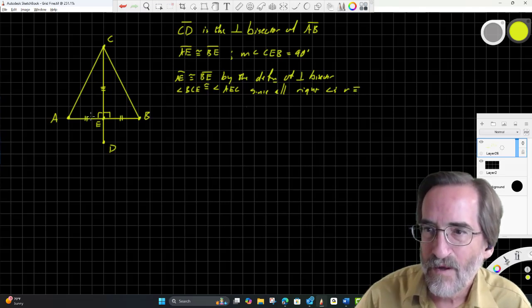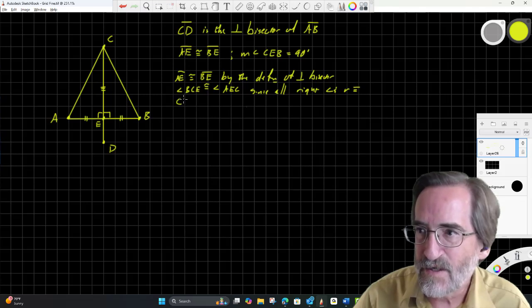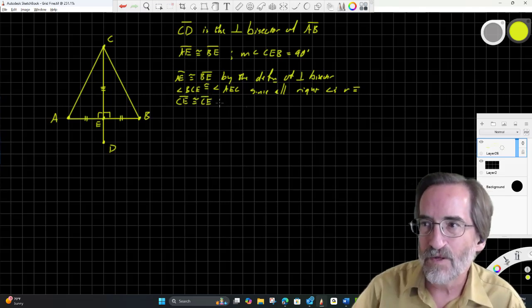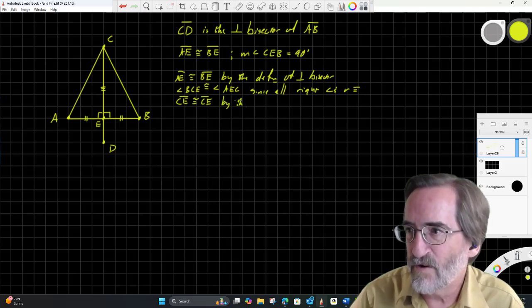And I'm going to say that CE is congruent to CE. The name of this rule is something called the reflexive property. By the reflexive property, anything's congruent to itself.